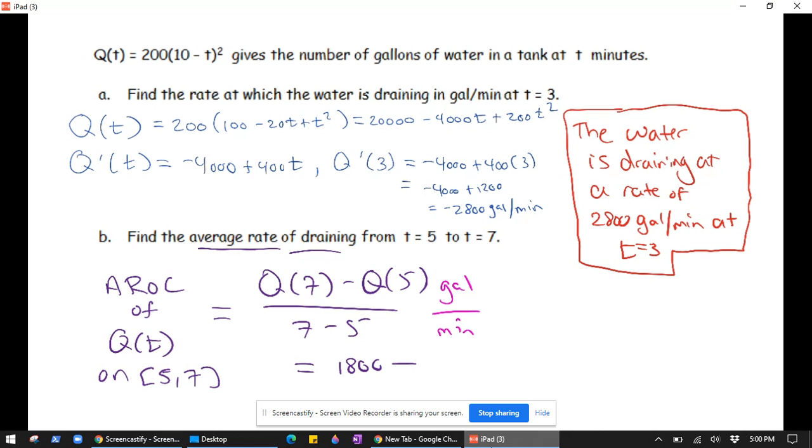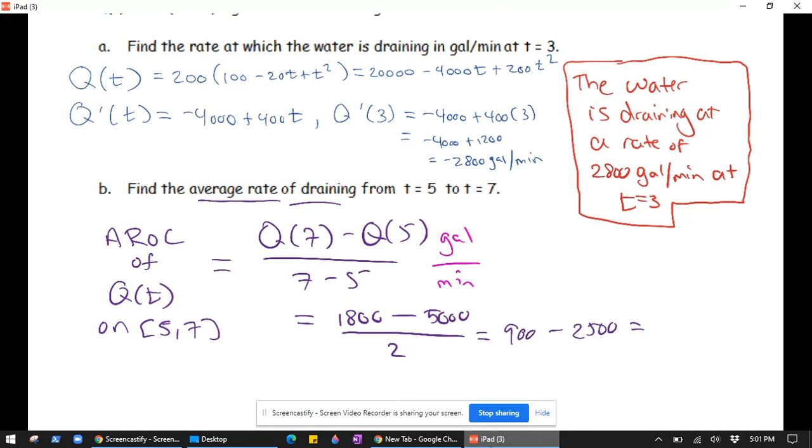And then 10 minus 5 is 5. 5 squared is 25 times 200 is 5,000, divided by 7 minus 5, which is 2. So it's 1,800 divided by 2 is 900 minus 2,500. And that gives you negative 1,600 gallons per minute.